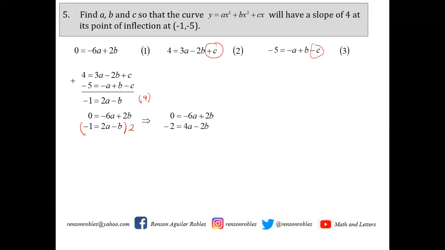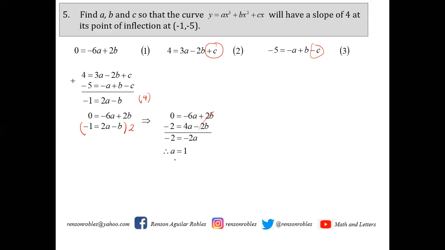Then 2 times -1 is -2, 2 times 2a is 4a, and 2 times -b is -2b. Adding these two equations, we have 0 plus -2 equals -2, -6a plus 4a is -2a, and the b terms become 0. Therefore a equals 1.